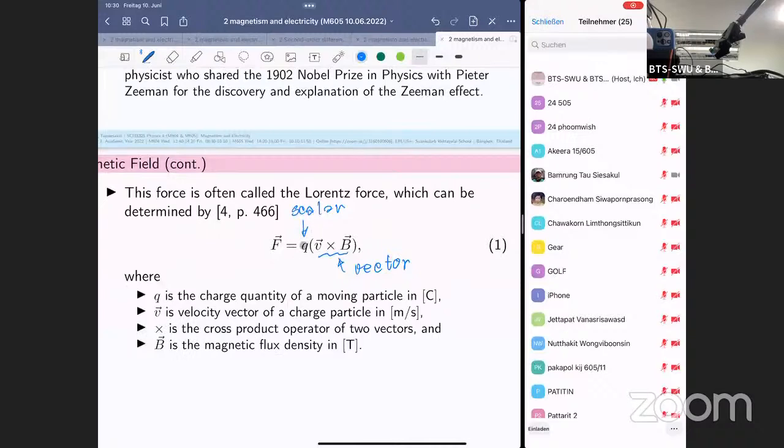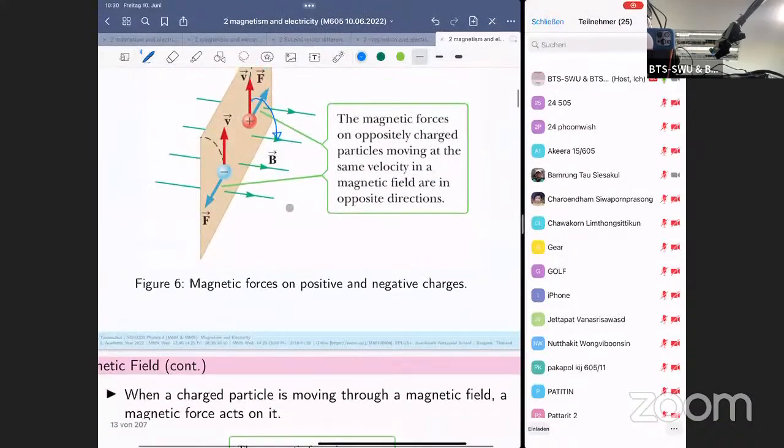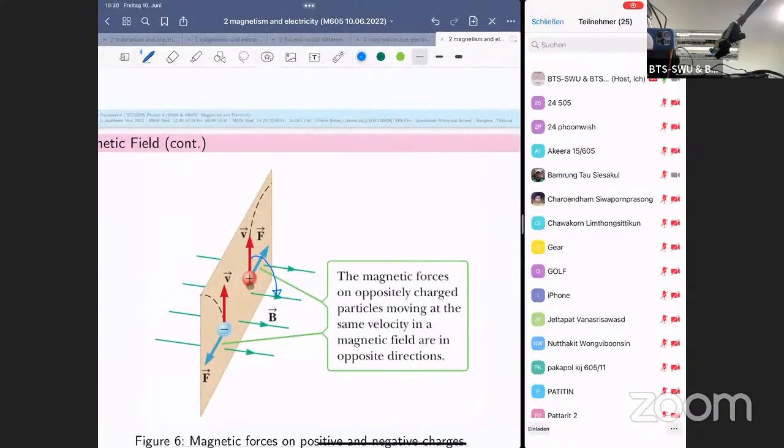One important thing in this expression is that the charge can be either positive or negative. For example, the nucleus of helium-4, the alpha particle, is a positive charge, 2 times the electron charge.